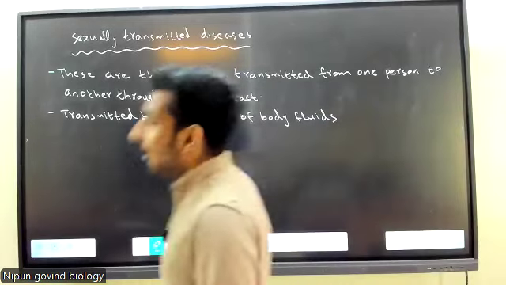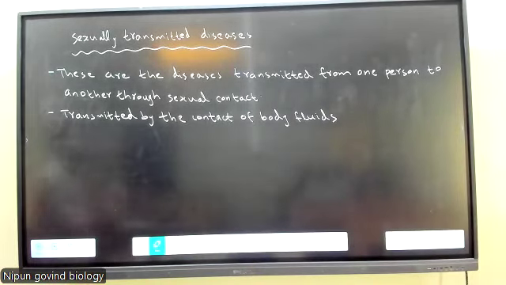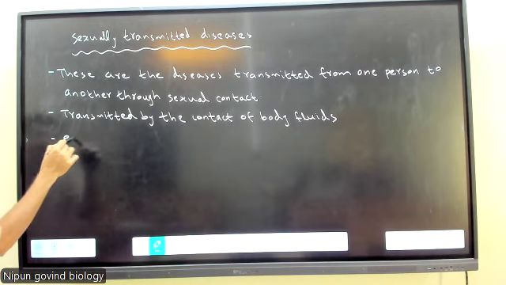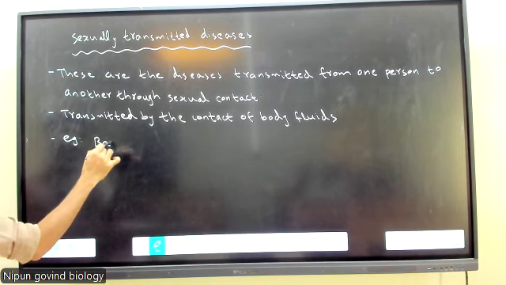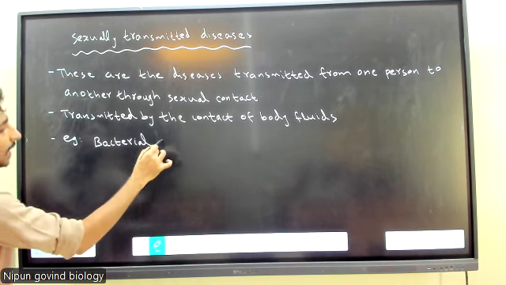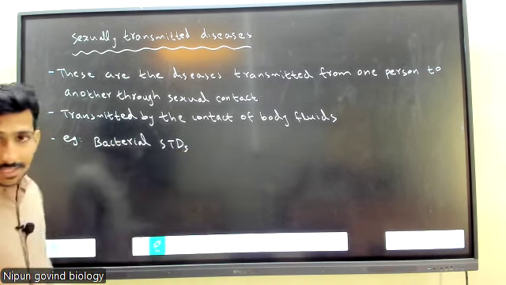So HIV or sexually transmitted diseases are transmitted from one person to another through sexual contact, by the contact of body fluids. Examples are bacterial sexually transmitted diseases.